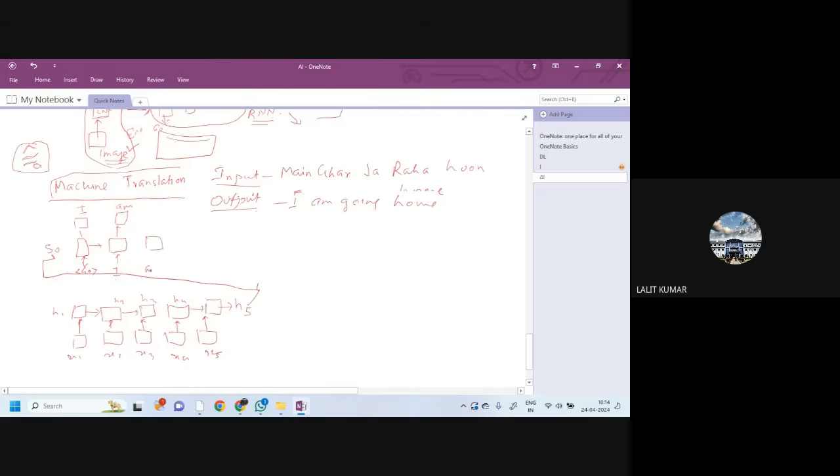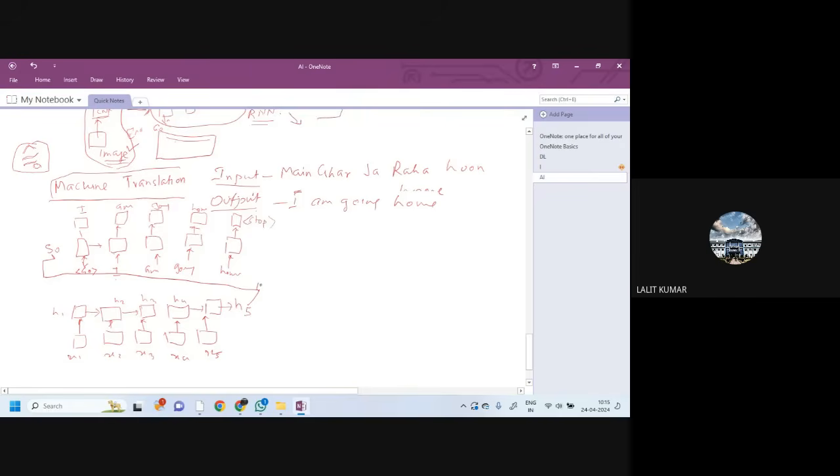Now here comes am, it should give going. Now going goes in and should give home. And here I give home, and here it should become stop. Stop is the last one.